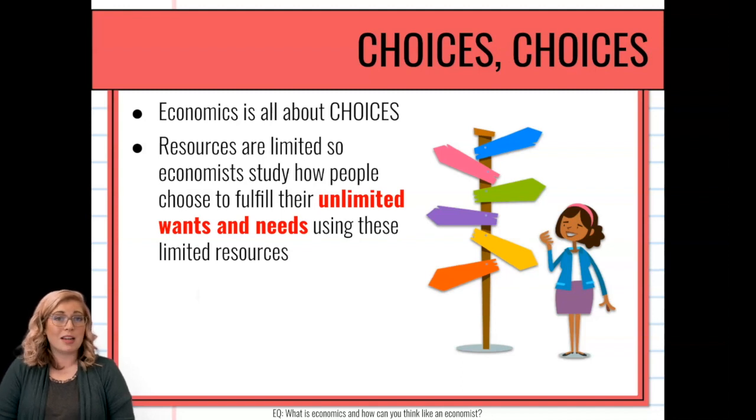There's all kinds of things out there that you either want to be doing, want to be purchasing, need to be doing, or need to be purchasing. Economics is all about the study of how do we satisfy those unlimited wants and needs with our very limited resources. That's the job of an economist. That's it. I know, crazy. It's not that crazy. All right.